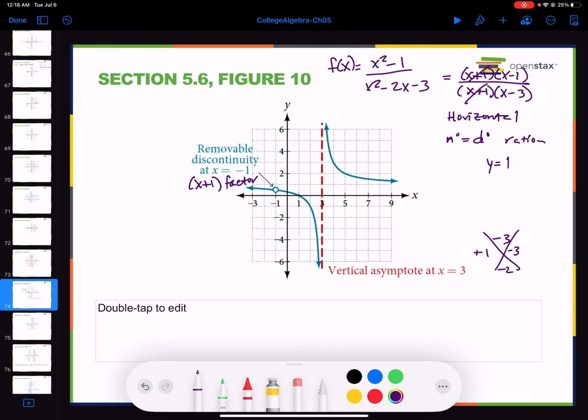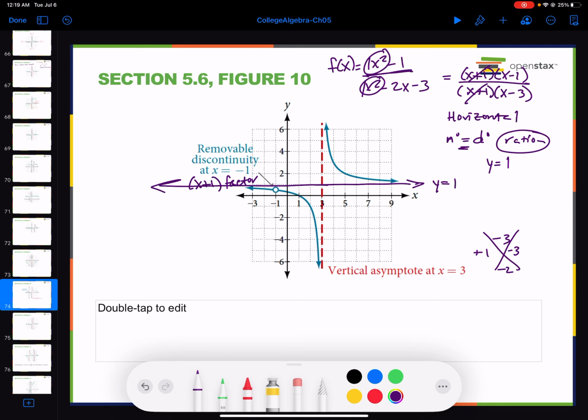Here's another example where we've got our function x squared minus 1 over x squared minus 2x minus 3. So if you'll notice right away, our degrees are equal. So that means we're going to take a ratio, and that ratio is just 1 over 1. So our asymptote is going to be at y equals 1.